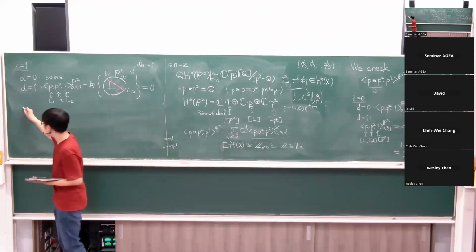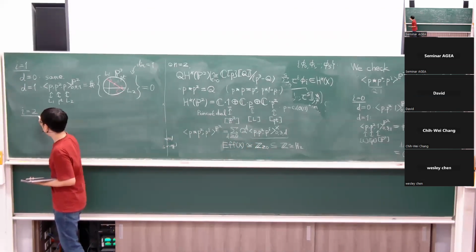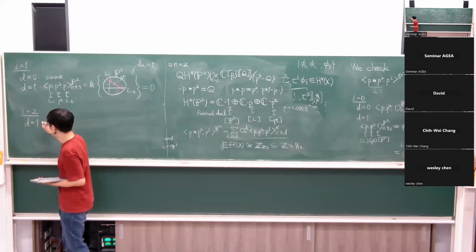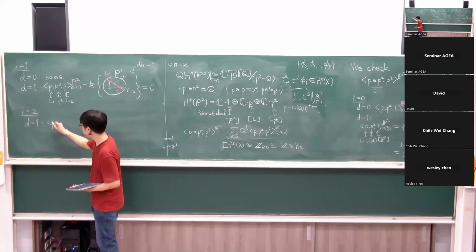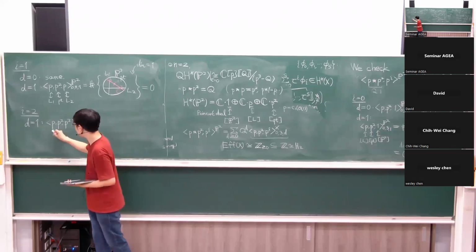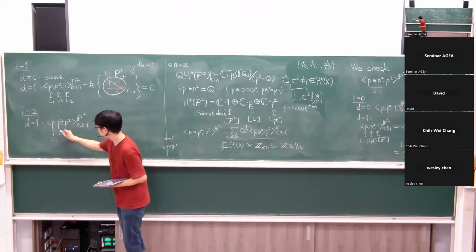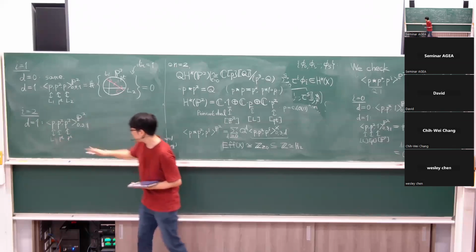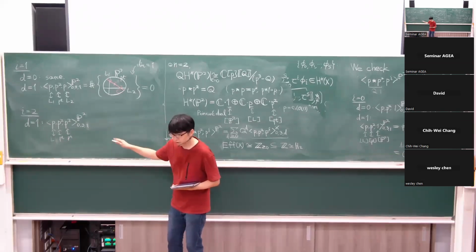And finally, i equal 2 and d equal 1. Poincare duals give one line and 2 points.